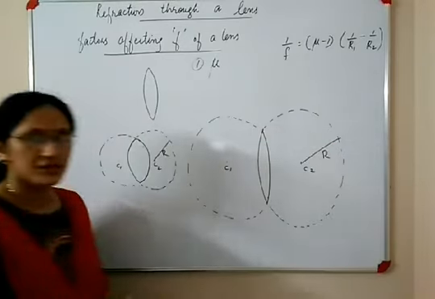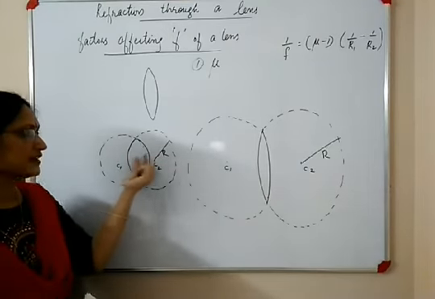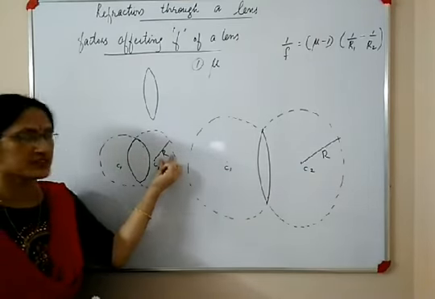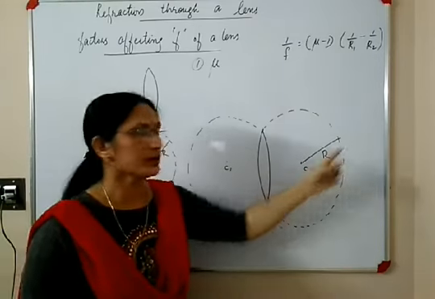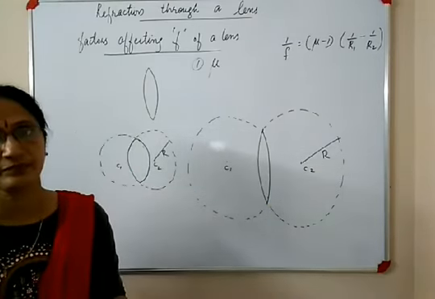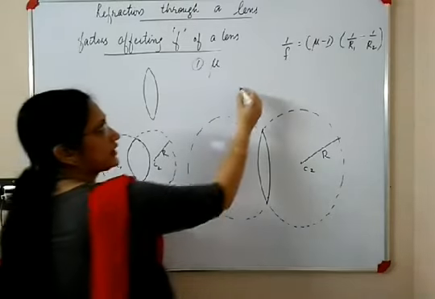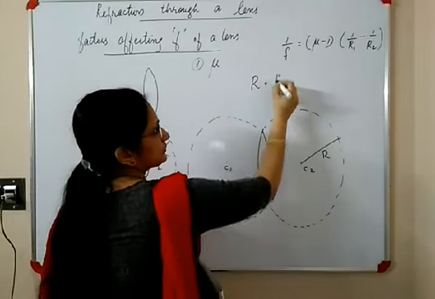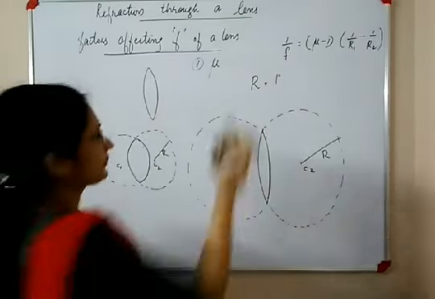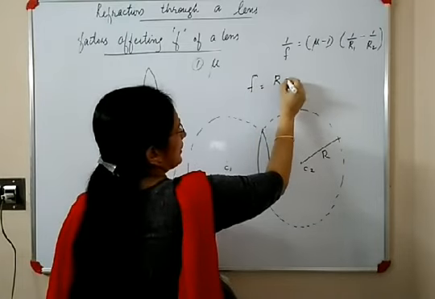So the conclusion is, if the lens is a thick lens, it has less radius of curvature. If the lens is a thin lens, it has more radius of curvature. And radius of curvature, its half is focal length. F is equal to R by 2.